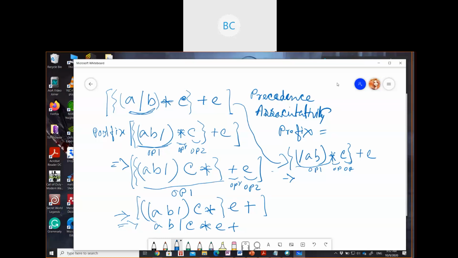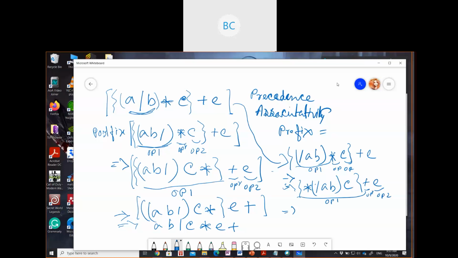So you will just put it in front. A, B, C, and this will come here. Now your expression is again this one is operand 1, this one is operand 2, and this one is your operator.